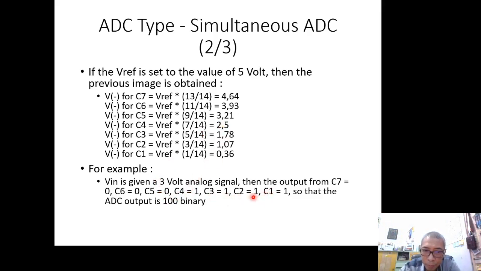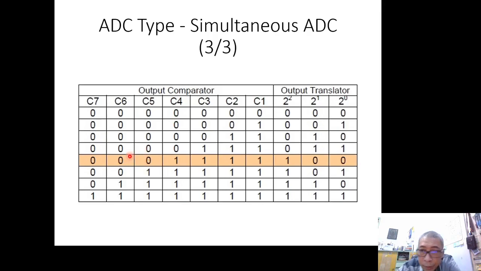So the binary output is 100 in binary format. This is the table according to how to convert 3 volts.